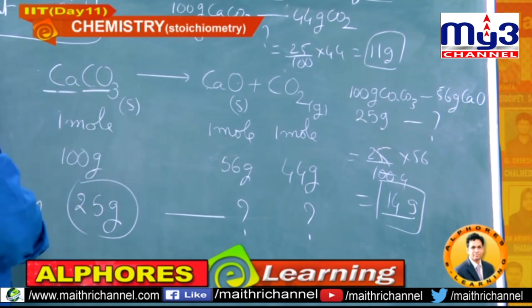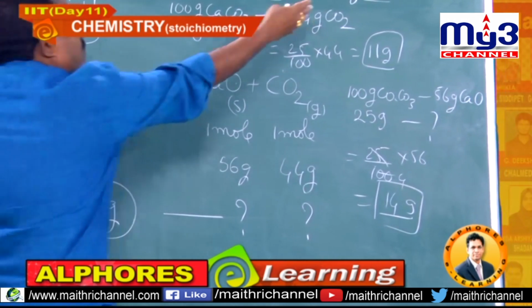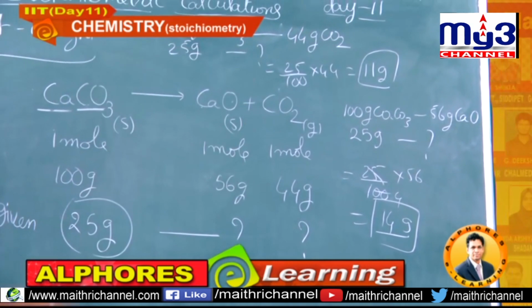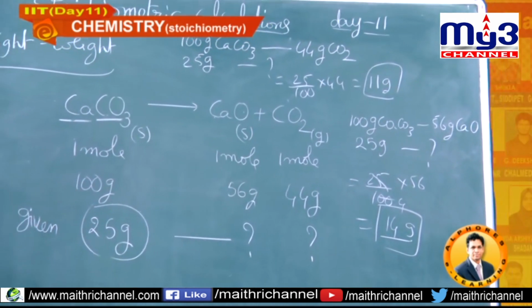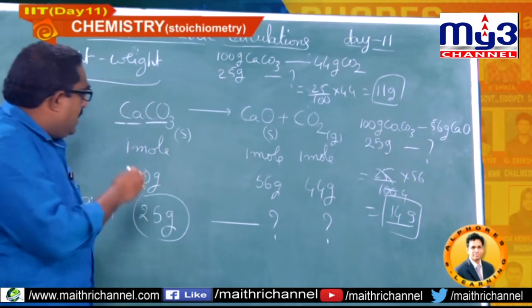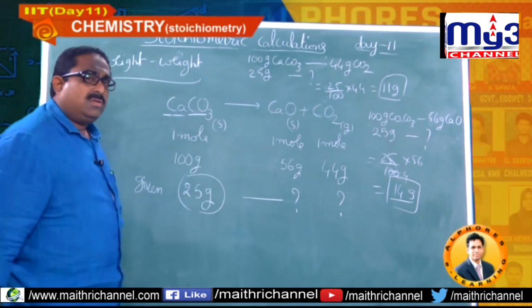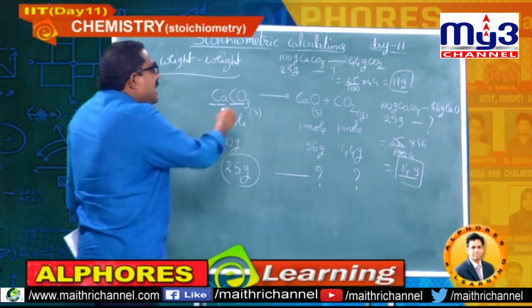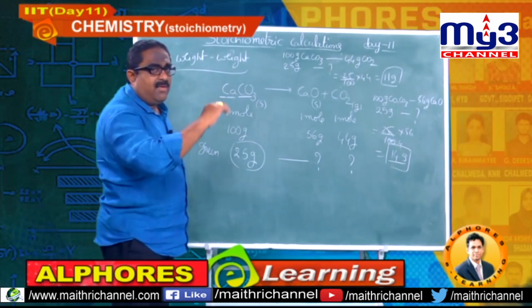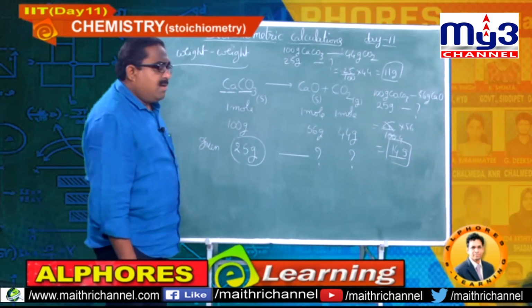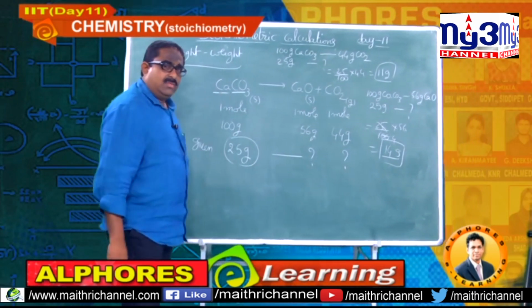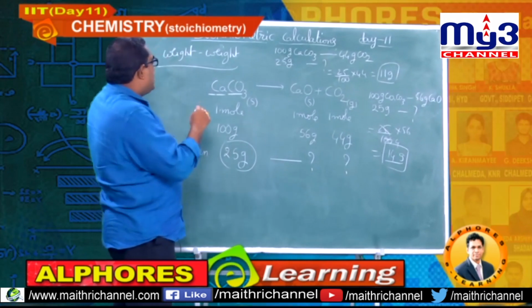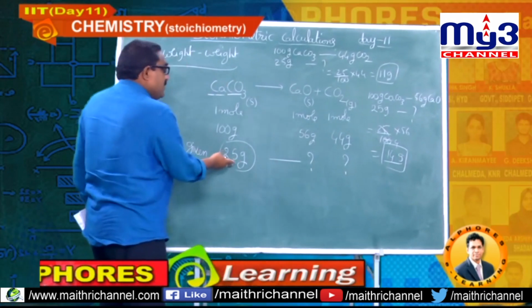The same question is asked based on the data of carbon dioxide also. The question can be set like this. From a sample of limestone, on decomposition, 11 grams of carbon dioxide is obtained. What is the mass of limestone given to you? That may be asked as a question. Then our answer is 25 grams.